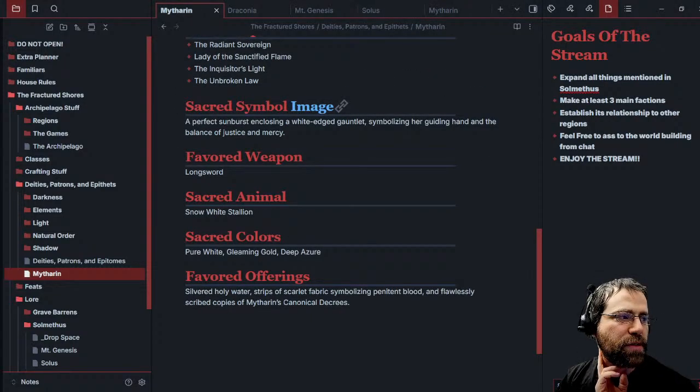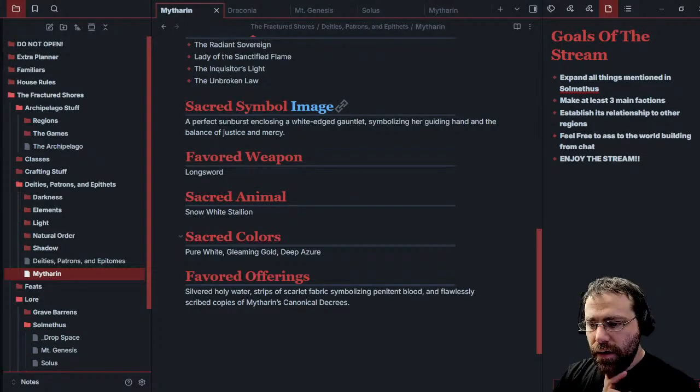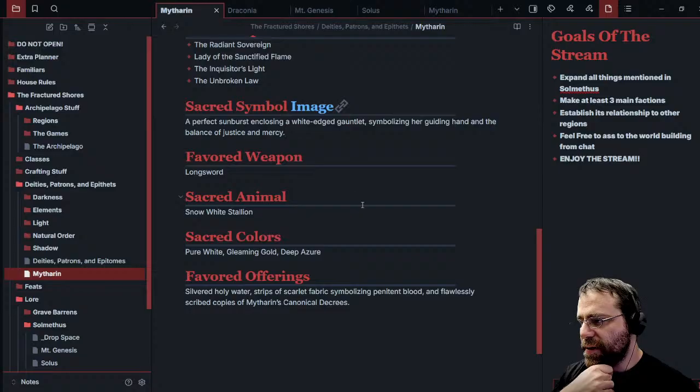See if it works. Because if not, yeah, no, page could not be found. Alright, well, that's a little annoying. Oh well, that's fine. It's not the biggest deal in the world.